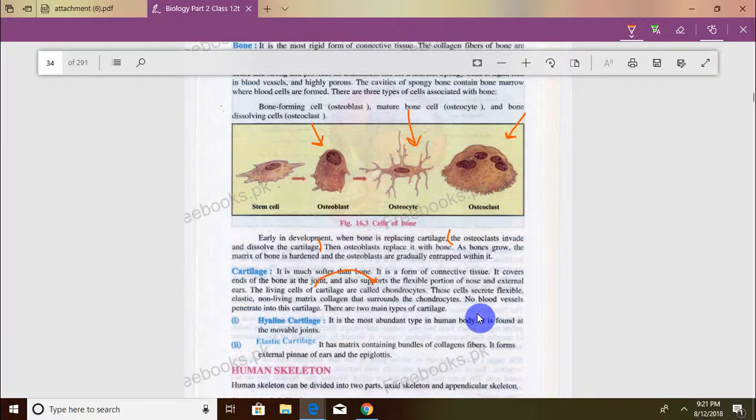So elastic cartilage is the one that forms, number one, the external pinna. I'm not really 100% sure about this pronunciation. I guess it's the pinna of the ear. And the epiglottis, which we know to be a cartilaginous structure.